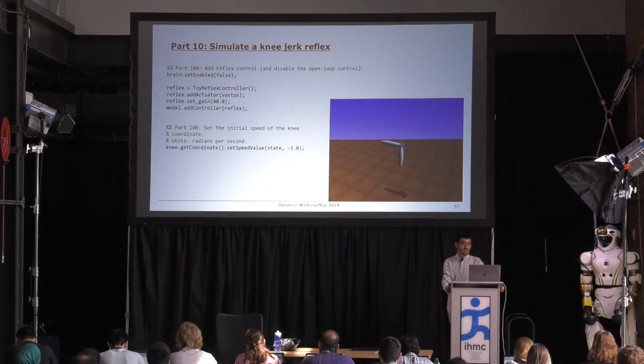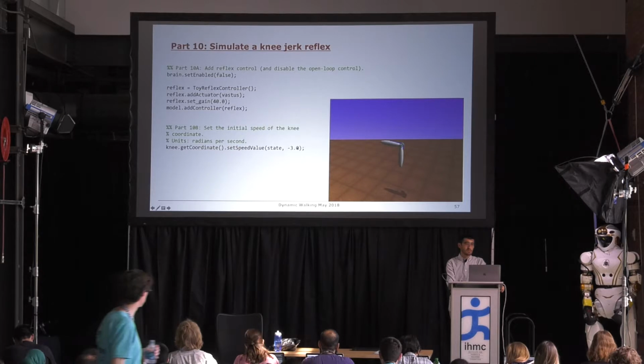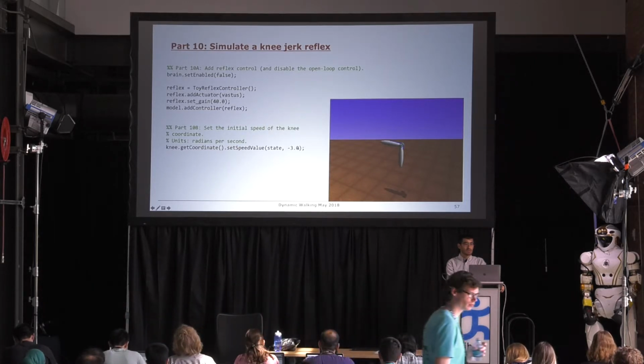We're going to set the initial speed value for the Shank degree of freedom, the knee degree of freedom, to -3 radians per second. So at part 10b, you can get the knee joint, get its coordinate, and call set speed value on that coordinate, and you provide the initial state of the model and the value you want for the speed of that coordinate in your state.